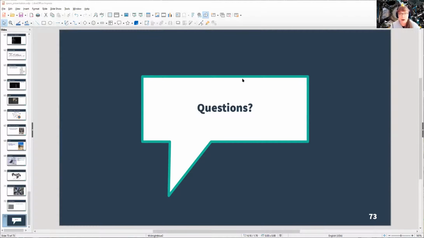Everything in orbit is tracked on the ground and then relayed using these TLE two-line elements, which is just a text file with two lines and a bunch of numbers. And with that, you can tell where everything is in orbit.